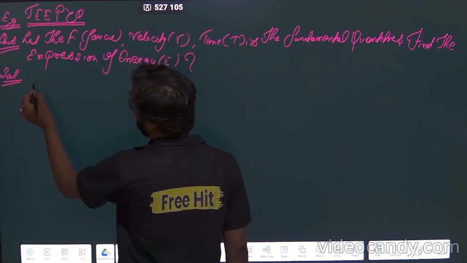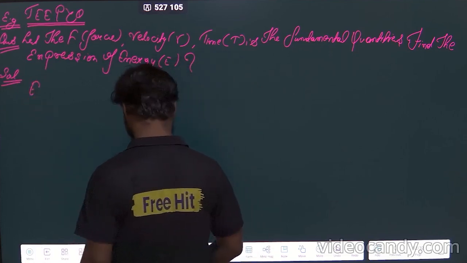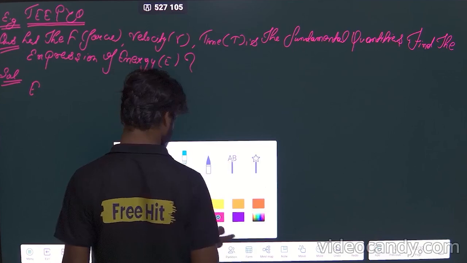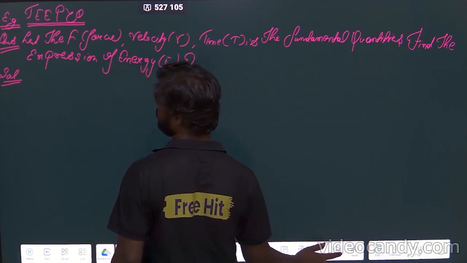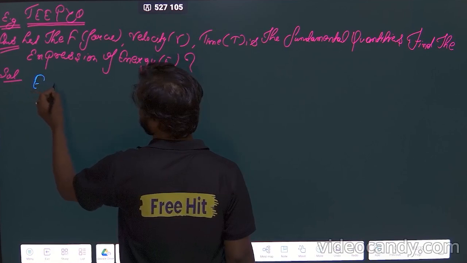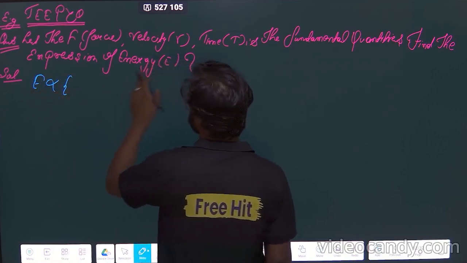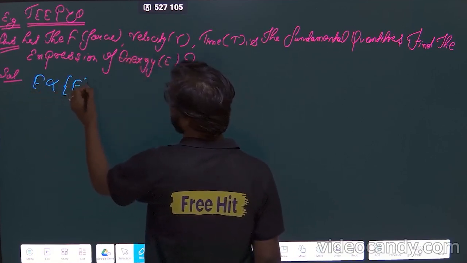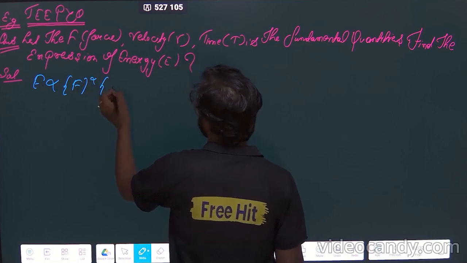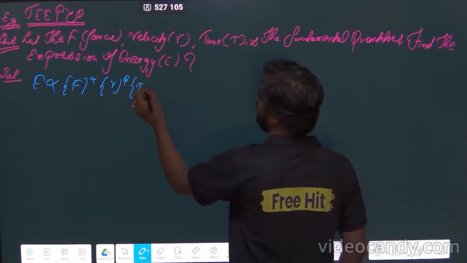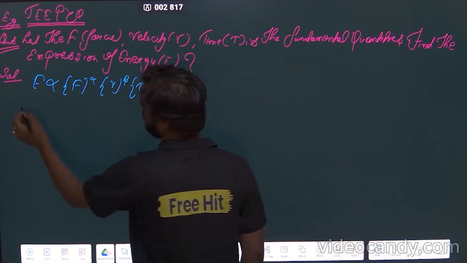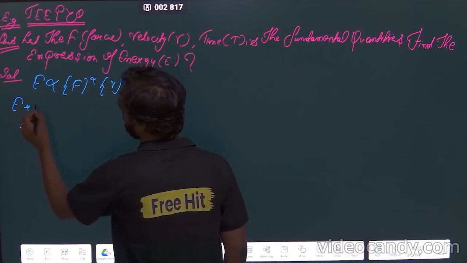You have to write my energy is directly proportional to force to the power alpha, then velocity to the power beta, and then time to the power gamma. Then from here my energy is equal to some k.